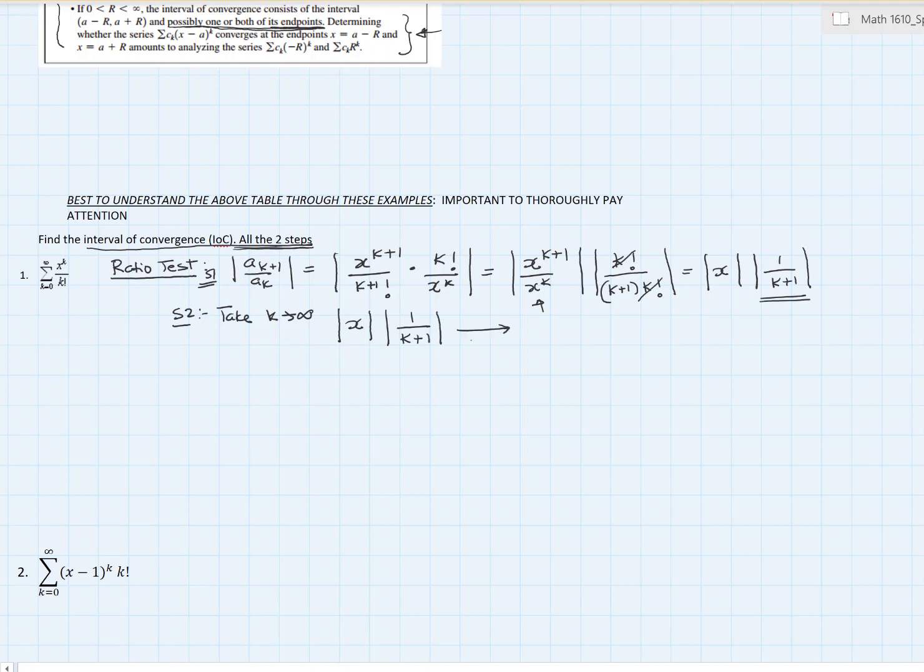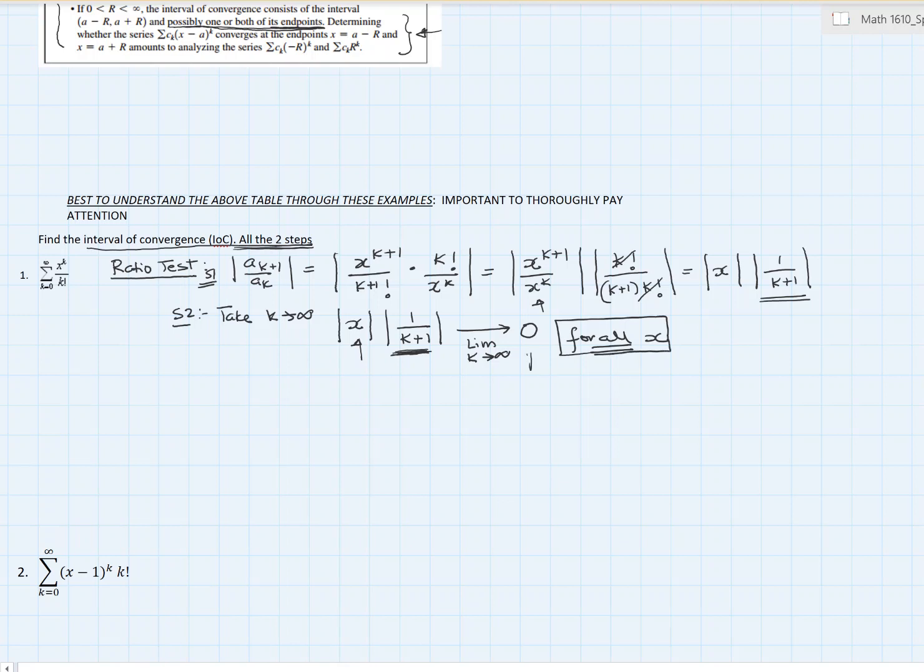Now as I take the limit k going to infinity, this goes to 0 for all values of x. Now the important thing to notice is that whatever x is, as long as you have k in the denominator, this is going to go to 0 for all values of x.